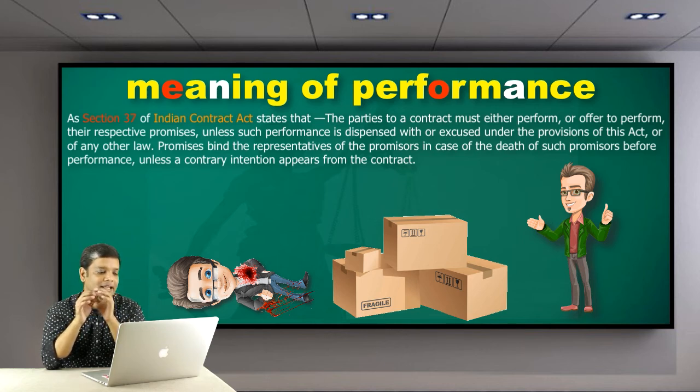The last sentence says that promises bind the representatives of the promisors in case of the death of such promisors before performance, unless a contrary intention appears from the contract. Well, the same provision is illustrated through this example.